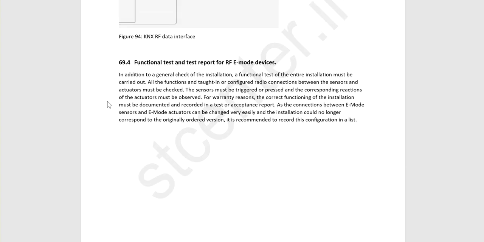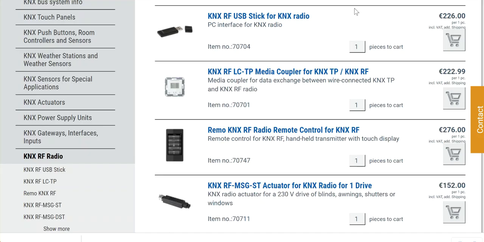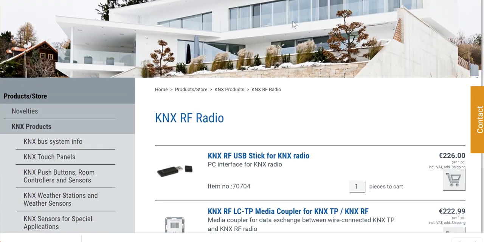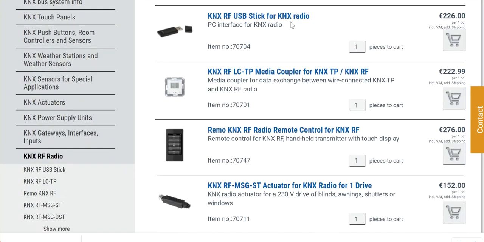The companies who provide KNX RF devices are Elsner, Devon, MDT, Müller, and some other companies I can't recall. They are producing these products in KNX RF, S-mode and E-mode devices.